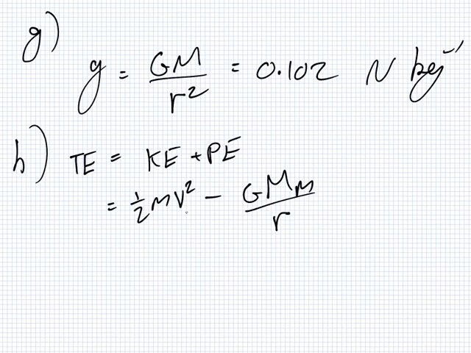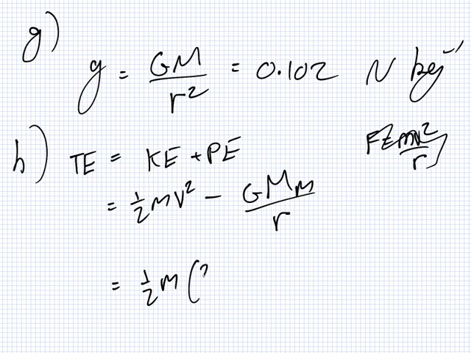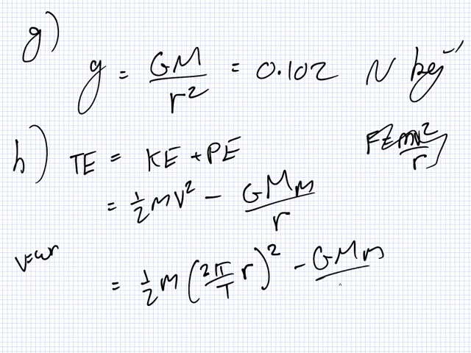Now we need to figure out the v. So we have F equals mv squared over r. Oh yeah, we know the T, don't we? So that would be a half m, v equals omega r, so 2 pi over T times r, squared, minus GMm over r.